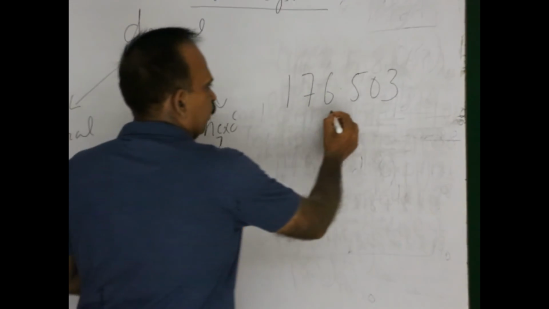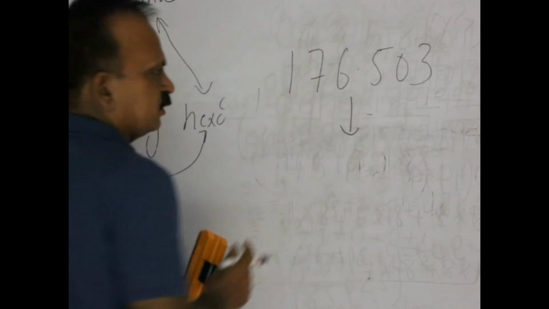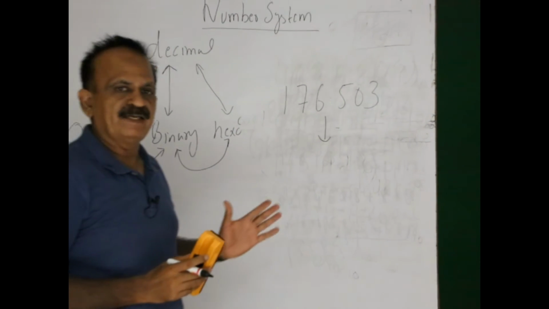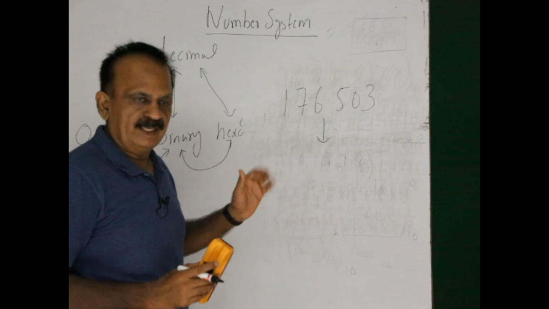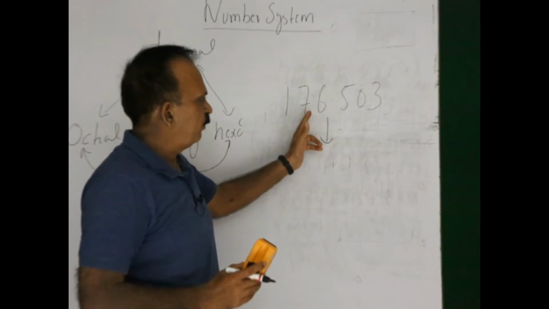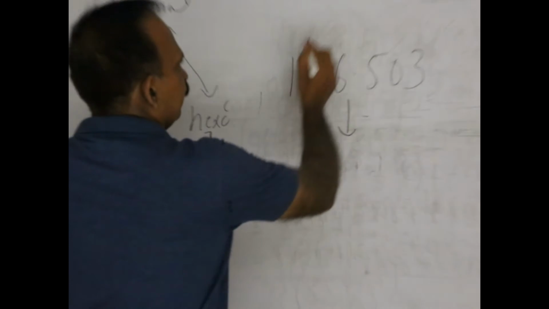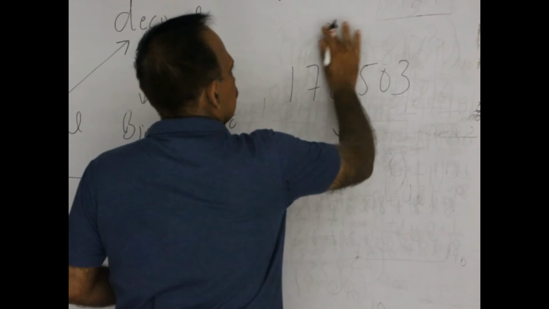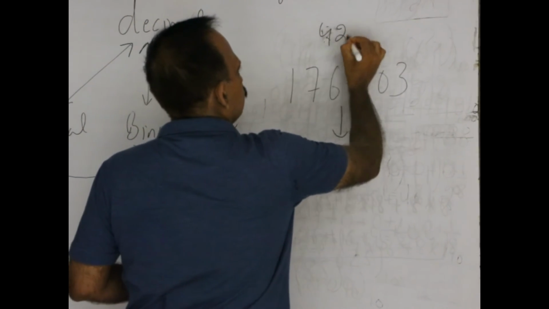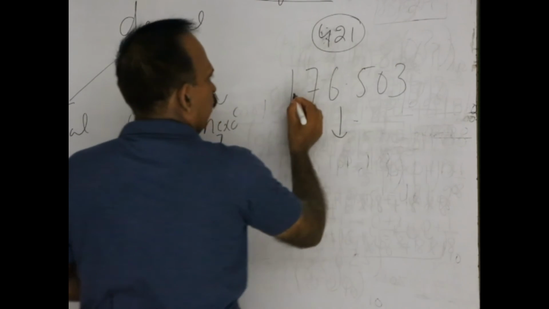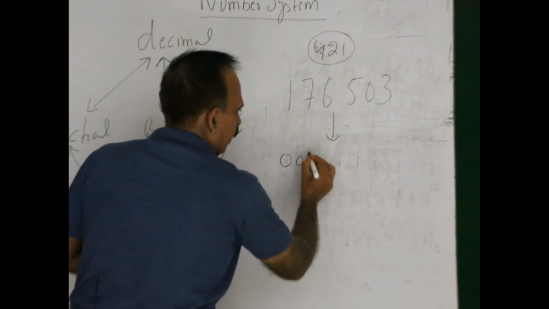So first I will be converting this octal number into a binary number. What I have to do is write a 3-bit combination for each of the digits. The code I will be using is 421. Now 1 will be 001.